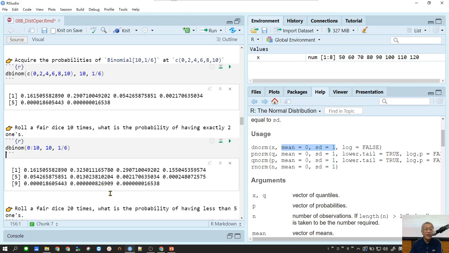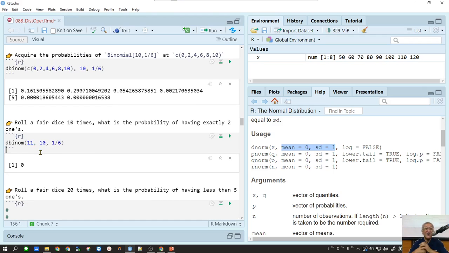This is from 0 to 10, right? What is the probability that it will occur 11 times? Not possible. So the probability is 0. Yeah, it's 0. Isn't it? You can try it if you want. See? You see it, right? Okay.